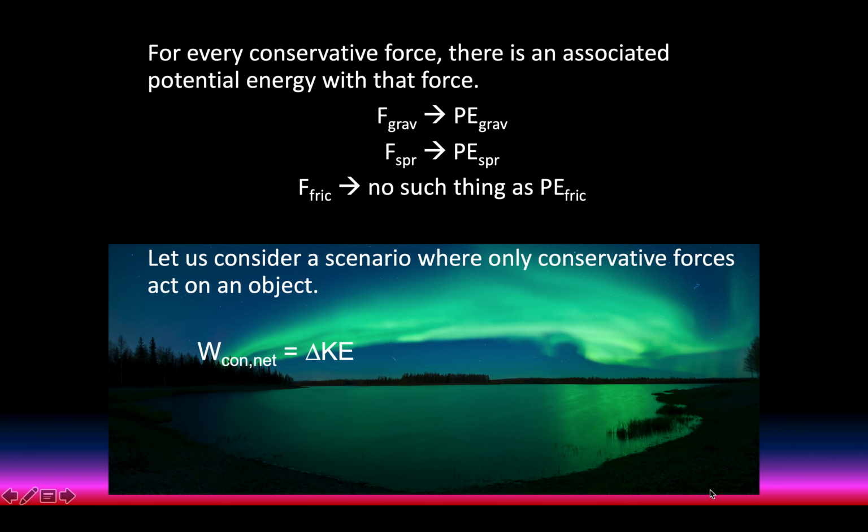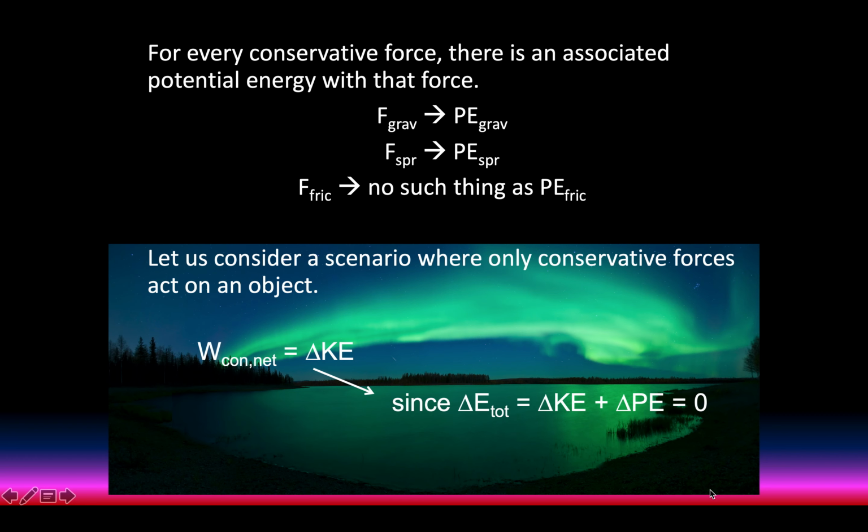If I say that the total work done on that object is equal to the change in the object's kinetic energy, and we are assuming that only conservative forces are present acting on that object, then I could say the total work done by the conservative forces is equal to the change in that object's kinetic energy. Now, we said the total change in energy acting on an object must be 0.